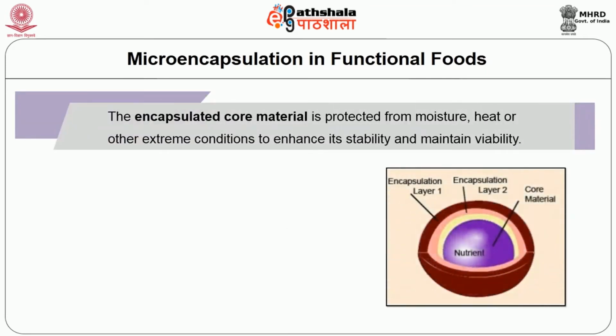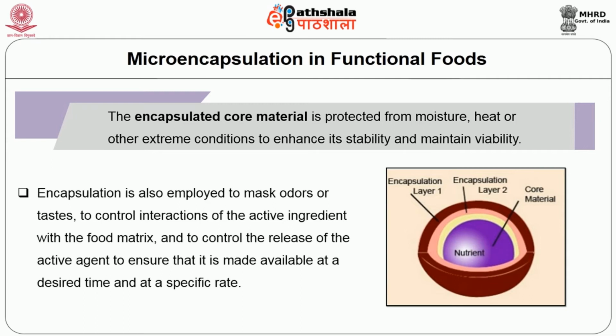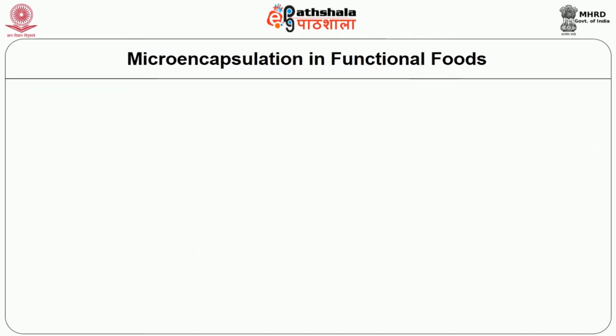The encapsulated core material is protected from moisture, heat or other extreme conditions to enhance its stability and maintain viability. Encapsulation is also employed to mask odors or tastes, to control interactions of the active ingredient with the food matrix, and to control the release of the active agent to ensure that it is made available at a desired time and at a specific rate.